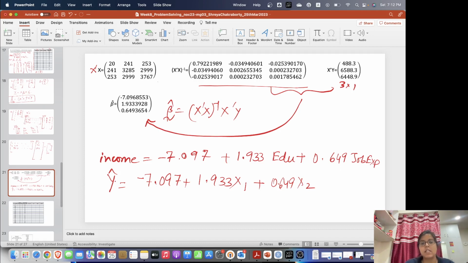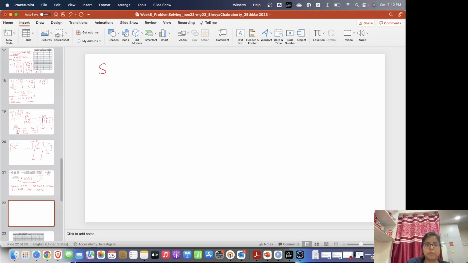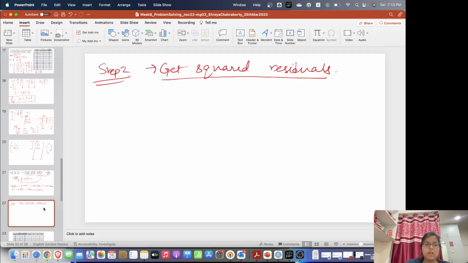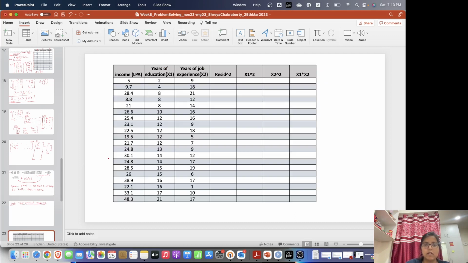We have regressed the original regressors in the model on my dependent variable. Now step 2 is to get squared residuals. Okay, so we have the model over here.